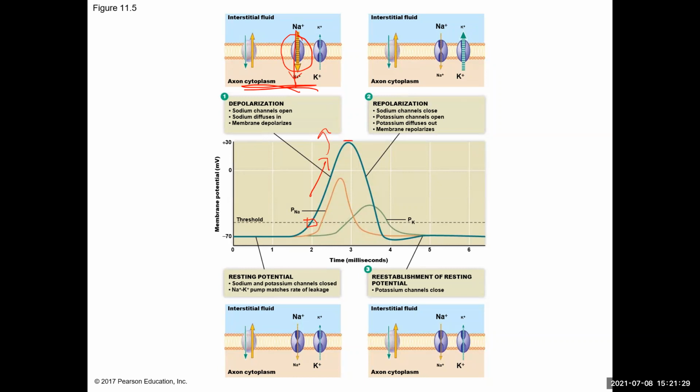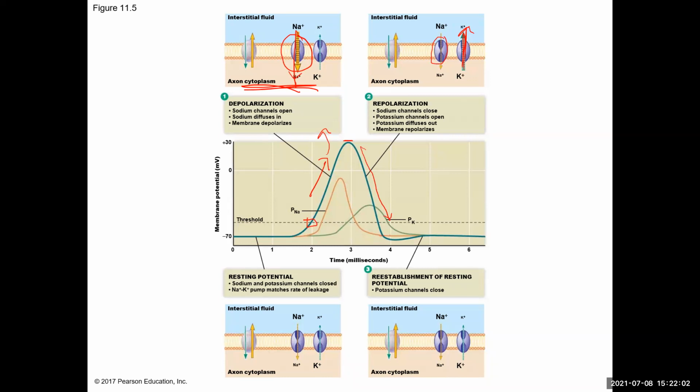Then the sodium channels will close, and your potassium channels will open and allow potassium to leave the cell. So now you have a lot of positive ions leaving the cell, and since positive ions are leaving, the cell becomes negative again. Like I mentioned, those potassium channels don't close exactly when the membrane potential becomes minus 70.